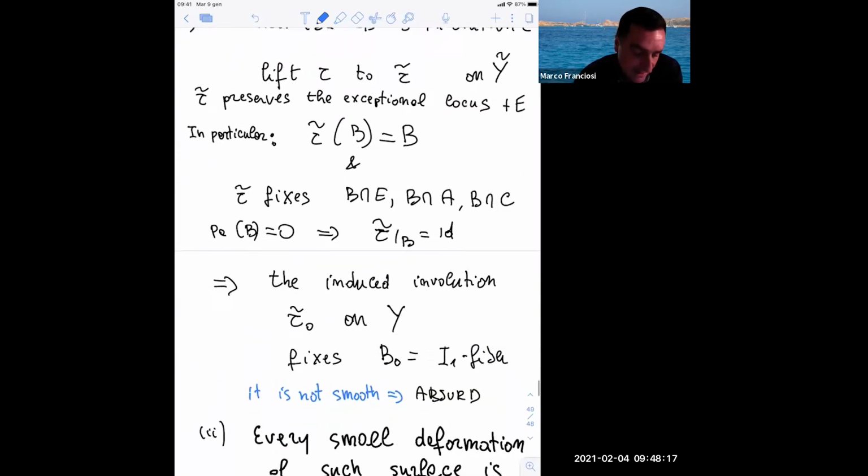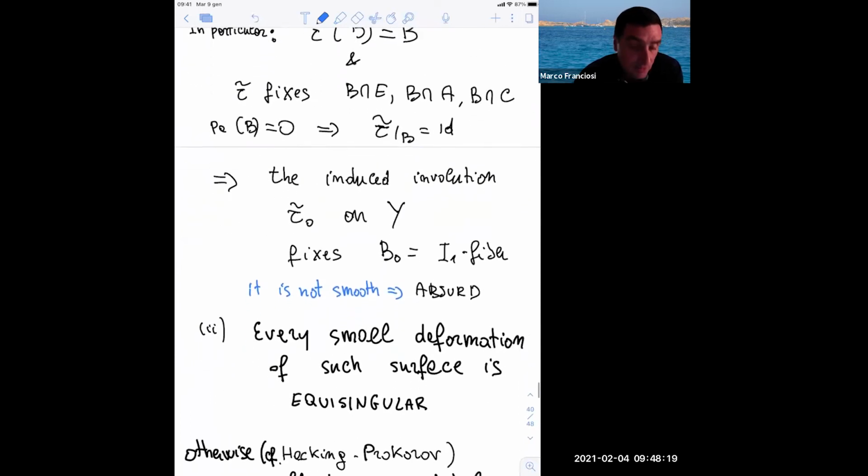Therefore, tau tilde induces an involution tau tilde 0 on Y, which fixes the image of B, which is B0, which is an A1 fiber.